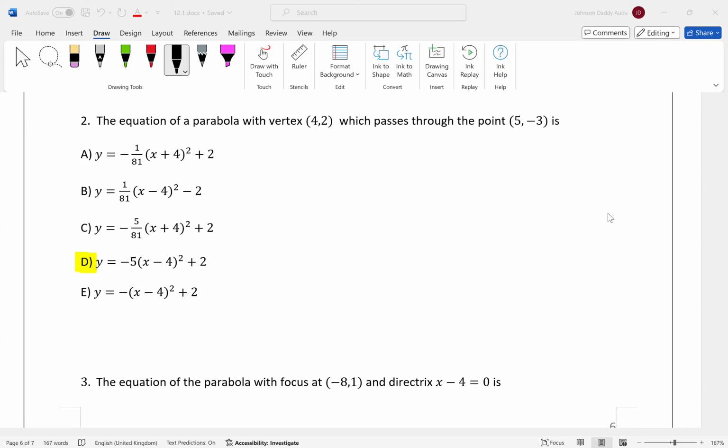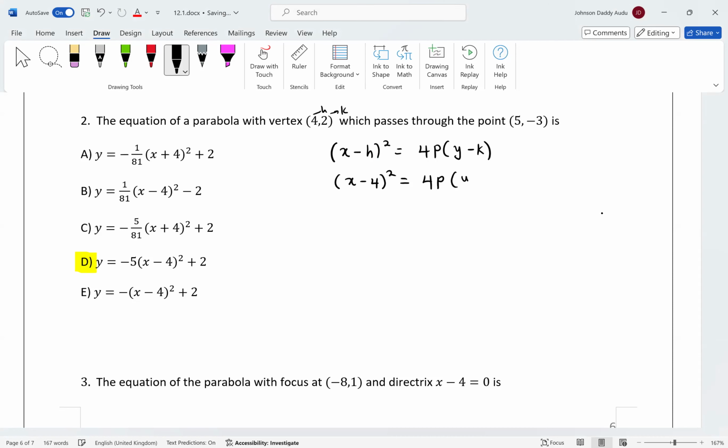Since all of them are vertical, you can just write something like this: X minus H squared is equal to 4P times Y minus K. And then you take H, K, which is, this is going to be your H, and this is going to be your K. So this will be X minus 4 squared is equal to 4P, and Y minus K, which is minus 2. So this is what we have.